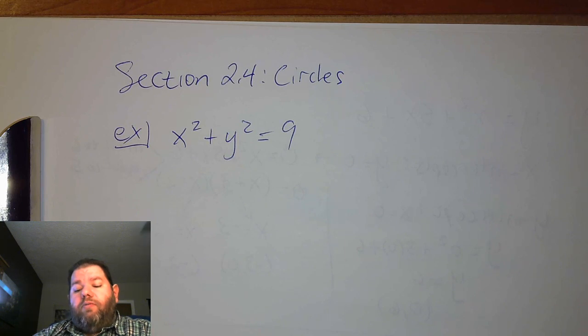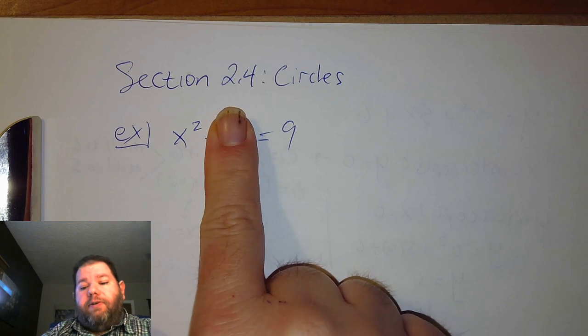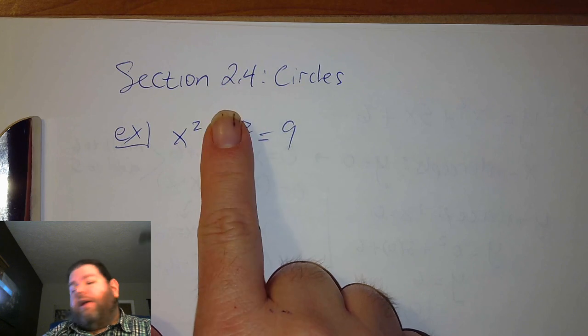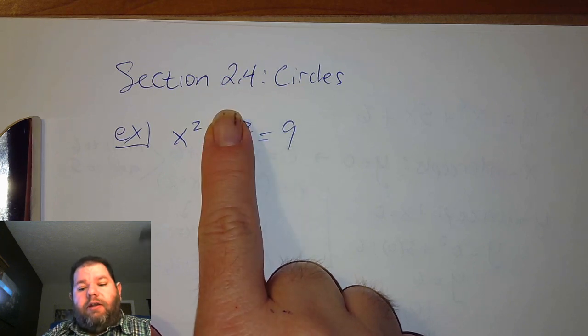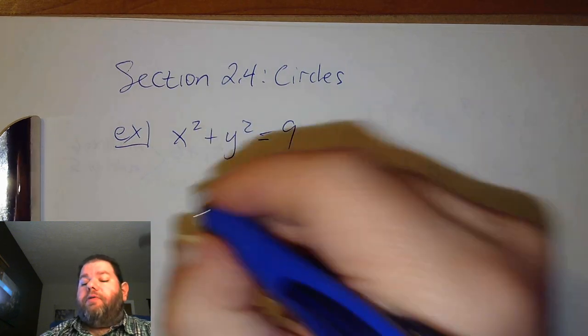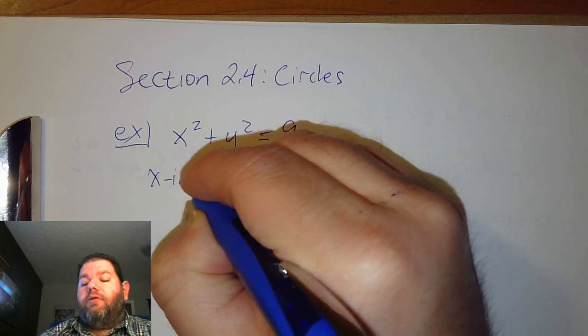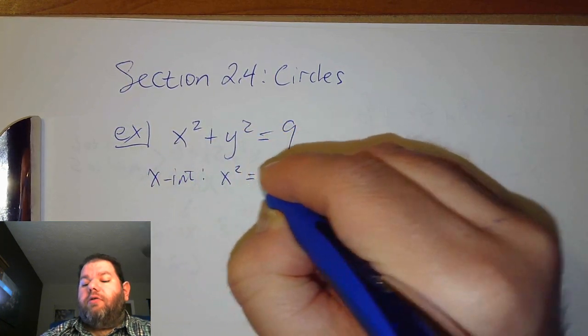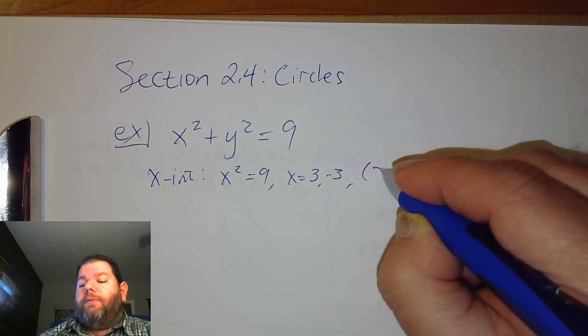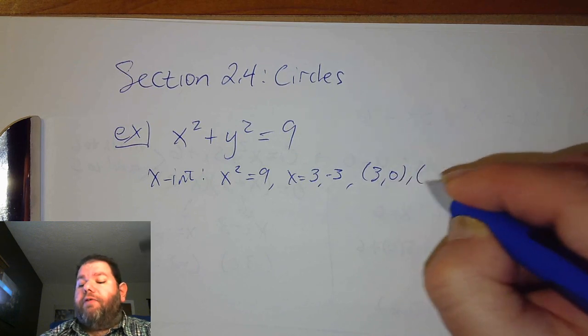Now, what are the x-intercepts for the circle? If we set y equal to 0, we get rid of the y. We just have x squared equals 9. And so x would equal 3 and negative 3. So we get two intercepts, (3, 0) and (negative 3, 0).